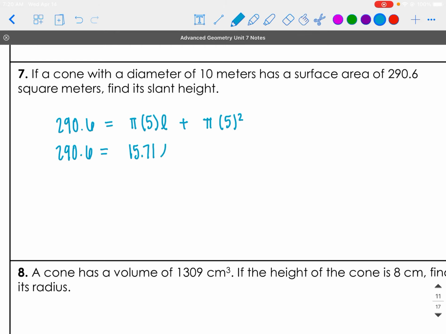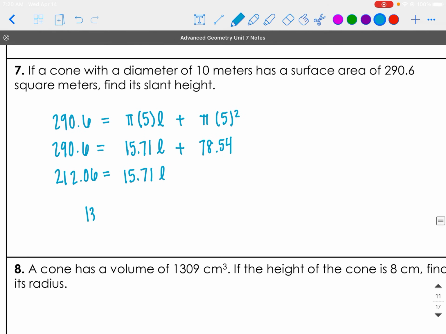This is 15.71 L plus 78.54, and then we subtract. You should have 212.06 equals 15.71 L, and then when you divide, you get 13.5 equals L.